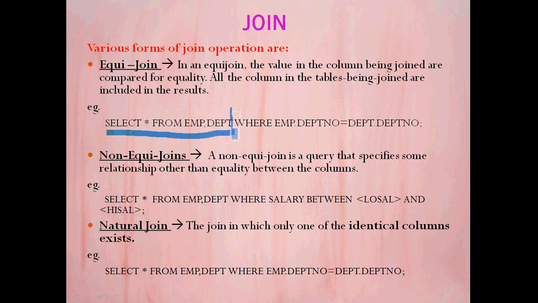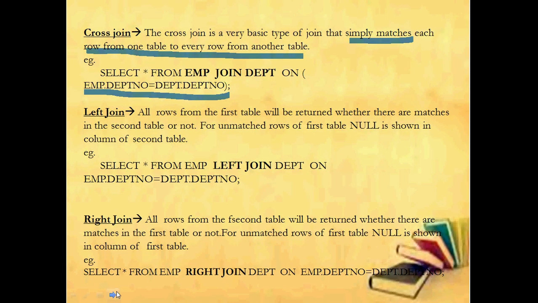If you mention up to this, it will take all the rows from employee and department and make a table and display it to you. So this is also a kind of join which contains all the rows from employee and department, not specifying any particular operation, but still it works.